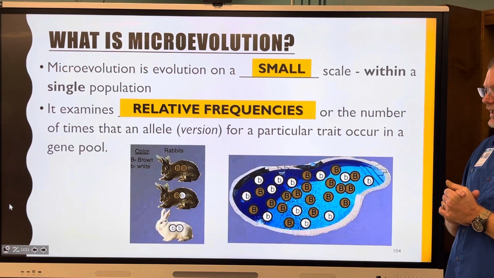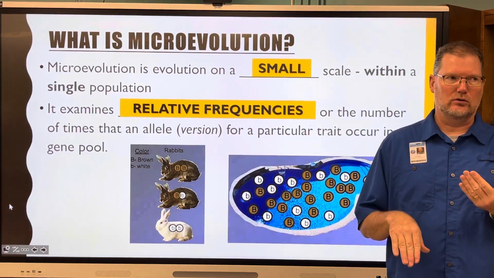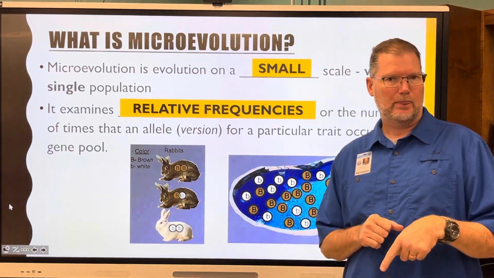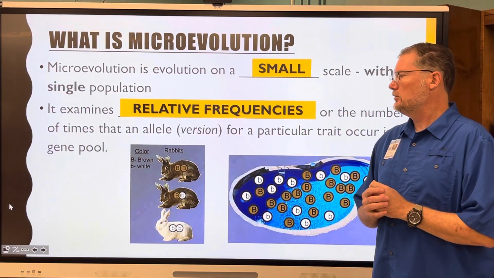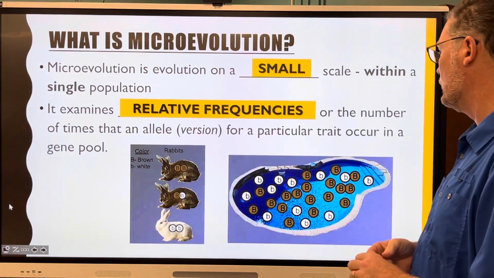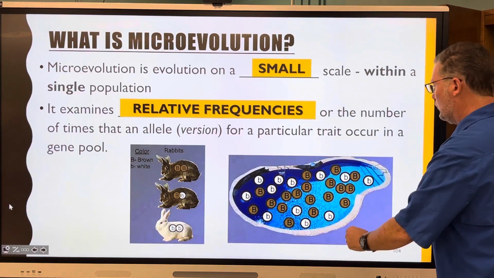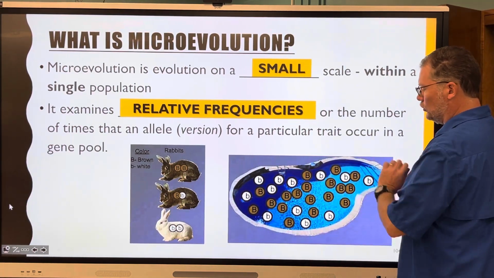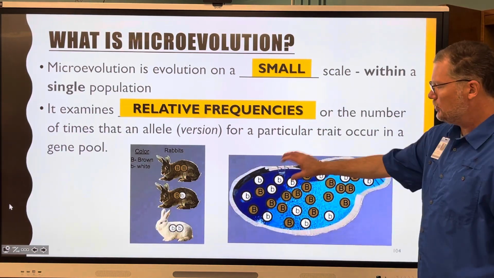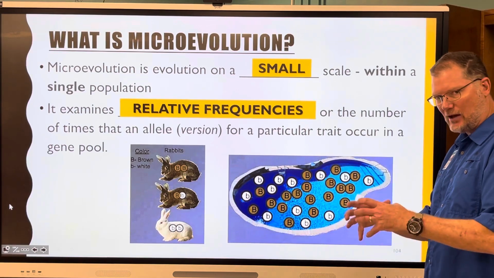Now, we did study this a little bit in our online natural selection activity we did last week, but this is just a formalization of that, okay, in notes. So, here's the gene pool, so to speak. It's a swimming pool with brown and white alleles in the frequency that they exist in that population.